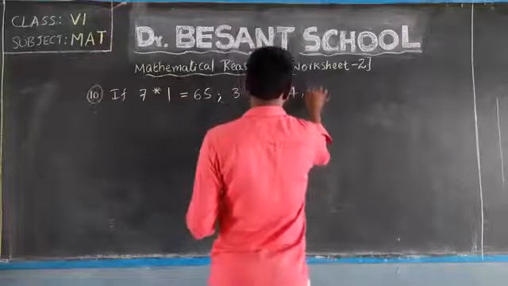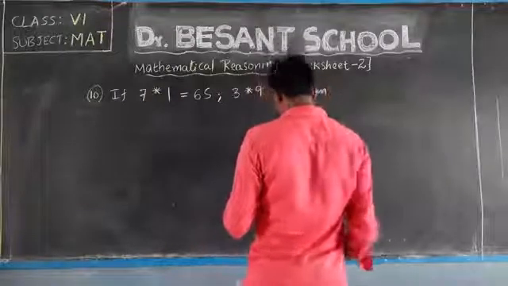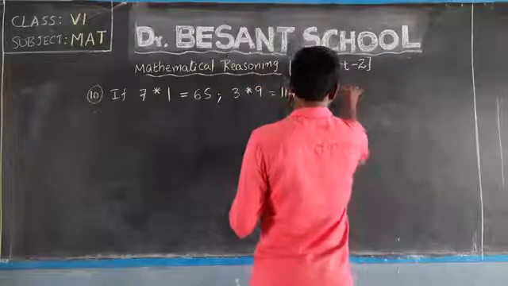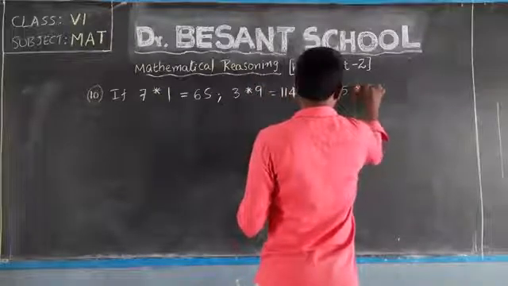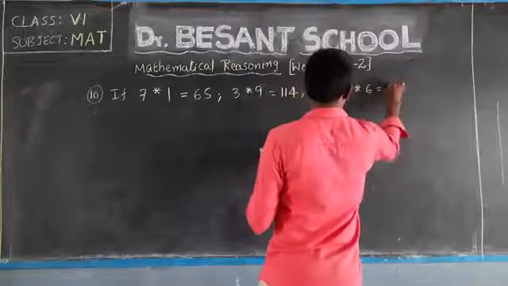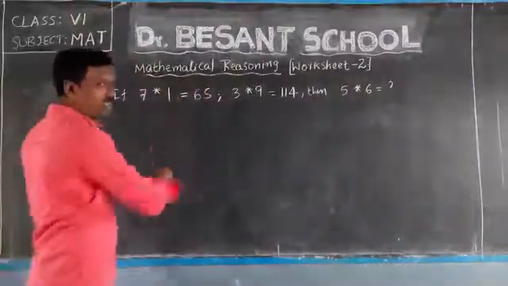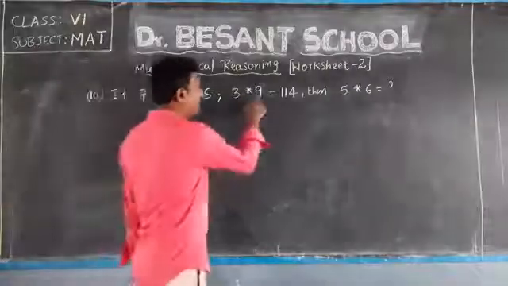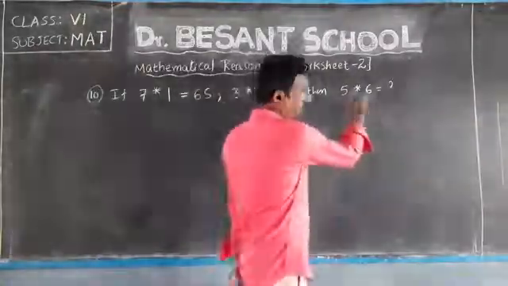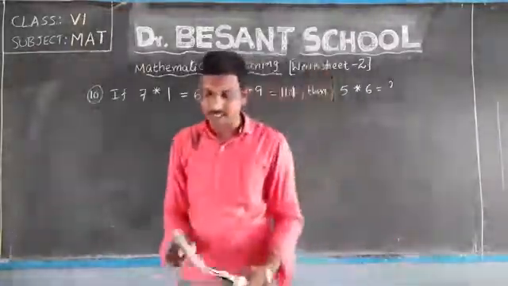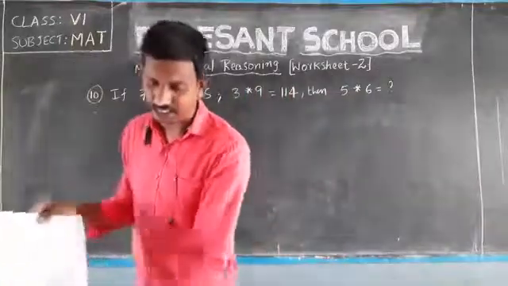Then what is the value of 5 star 6? It's a very interesting problem. If 7 star 1 is equal to 65, 3 star 9 is equal to 114, then 5 star 6 equal to what? This star symbol, we call it an asterisk symbol.